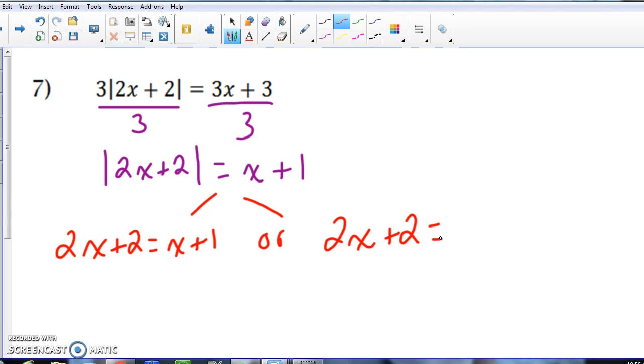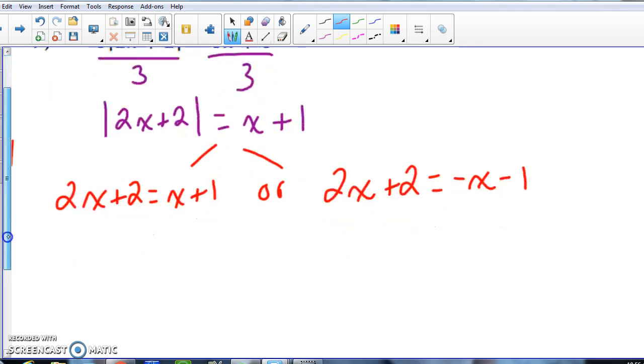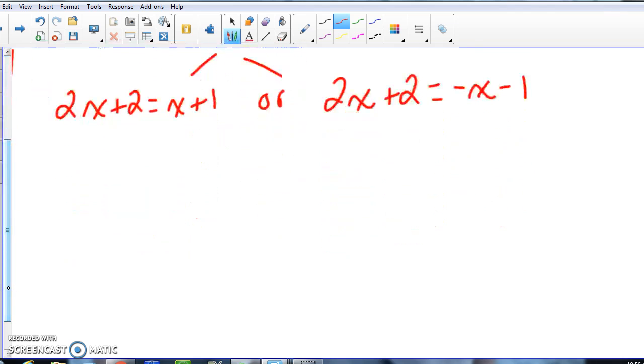Now, we always talked about making the other side negative, thinking about the situation where it's coming from the left. That's still true, but if there's two pieces on the other side, I need to make both of them opposite. So I need this to be negative x minus 1. Both pieces need to become opposite. Now, as I mentioned in class, I am confident at this point that you can solve these, hopefully with little errors, and also hopefully very quickly.